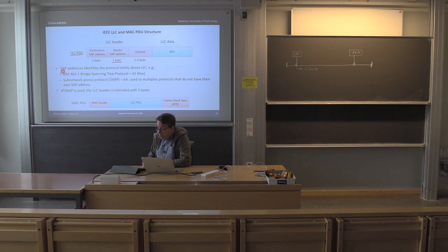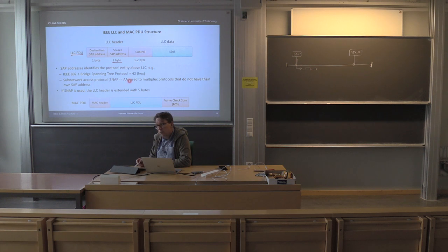These SAP addresses, service access point, identify the protocol entity above the link layer. So for instance, it could be this particular protocol, which is 42, and some other protocol, which is AA.